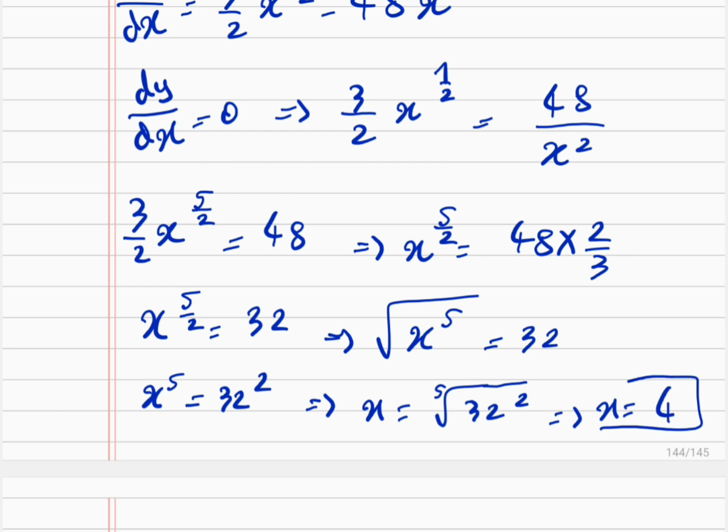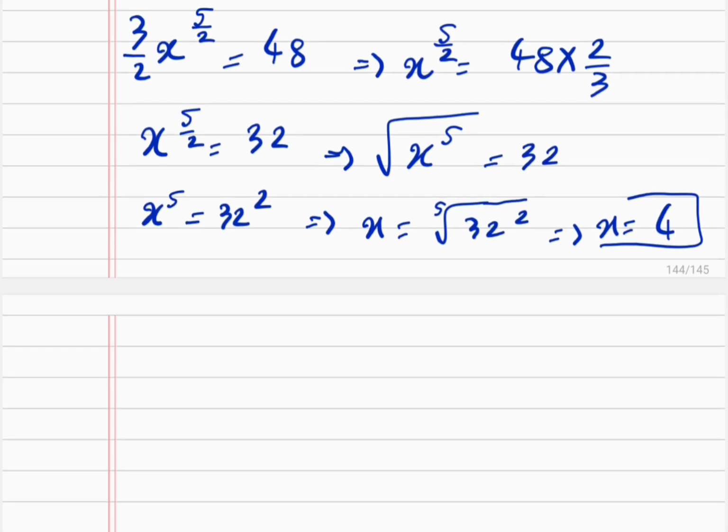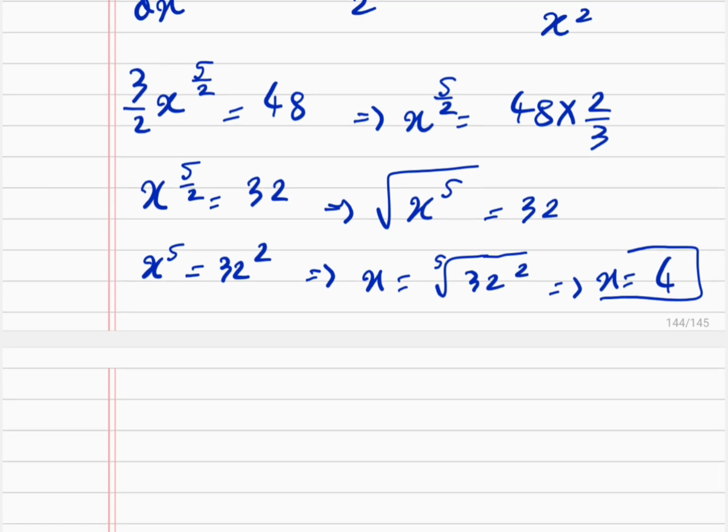There was actually a simpler way. As I said, we could have simplified this. One other approach could be rewriting 32 as 2 to the power of 5, and then we have this power of 2 outside. So we have x to the power of 5 is equal to 2 to the power of 10.